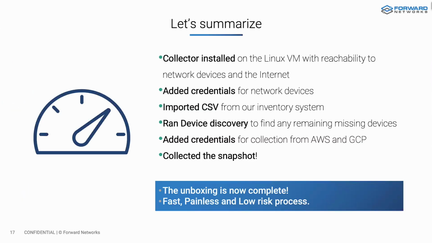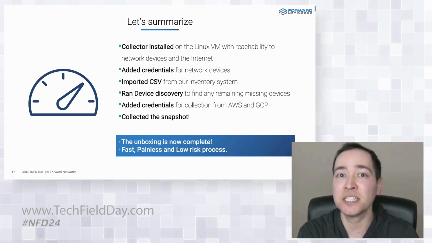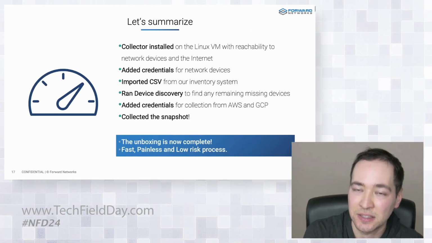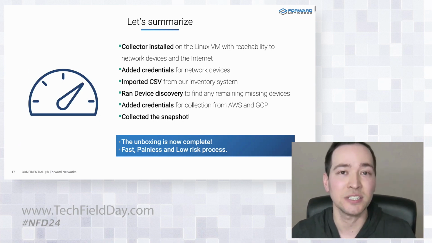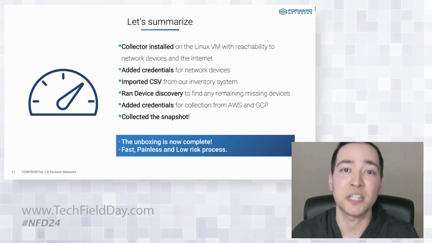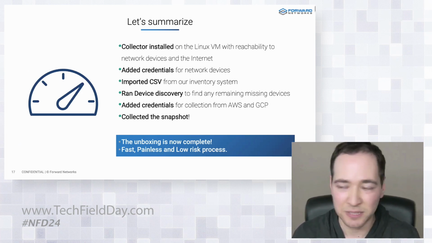Now, if we summarize, we installed the collector on Linux VM. It has the ability to reach into devices and into the internet. We added credentials that are sufficiently authorized to retrieve data from your devices. Then we imported the CSV list. The CSV list originally originated from your inventory system, whatever that might be.